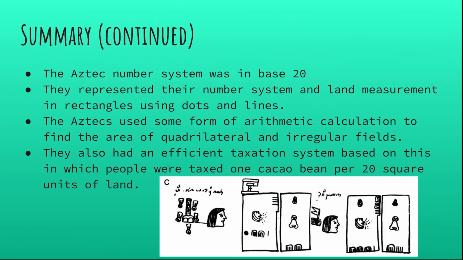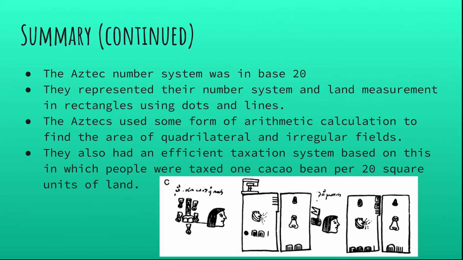And when experts tried to calculate the same fields that were shown in the found documents, they used methods such as calculating the area of two right triangles for quadrilateral fields, and for more irregular fields, they calculated the area of the biggest quadrilateral that could fit, and then the remaining area was calculated by finding the area of small triangles.